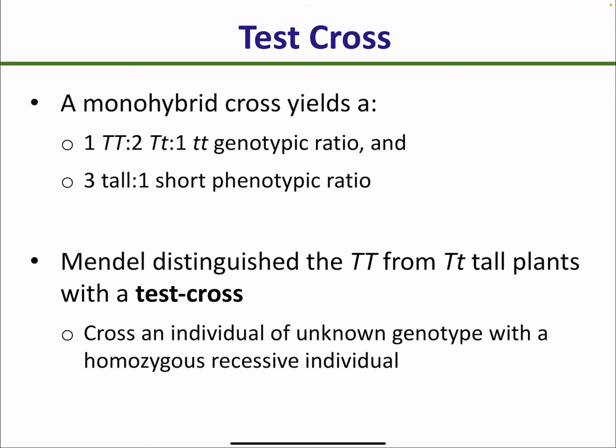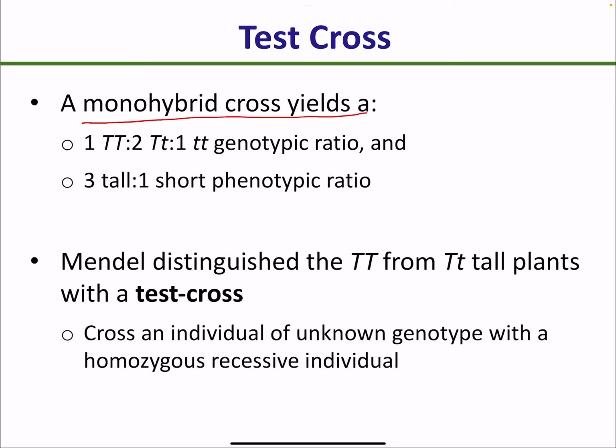So in a monohybrid cross, when you have an offspring and you know that one parent is recessive, the other one you are not sure if it's dominant or recessive, what type of genotype are we going to come up with?